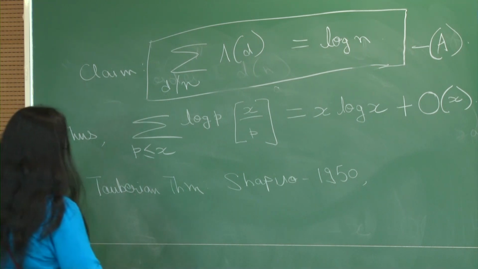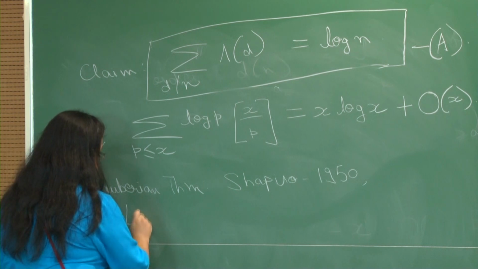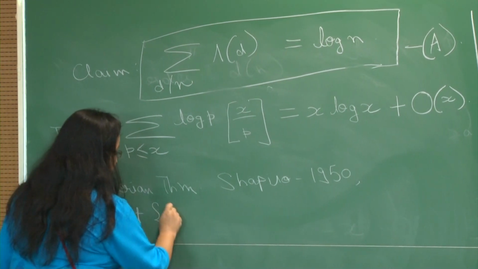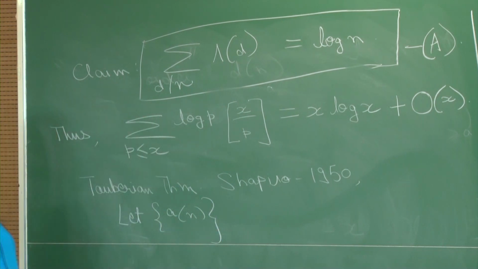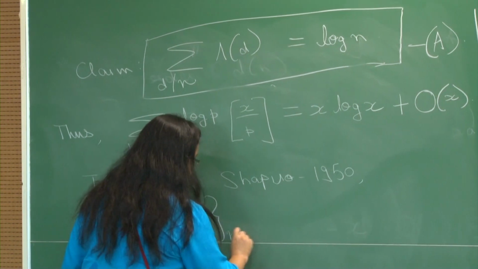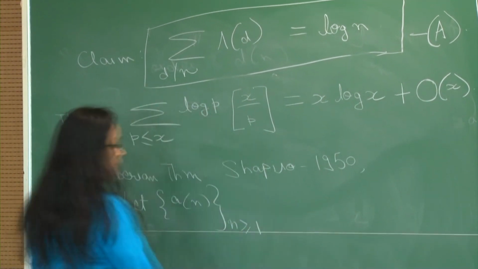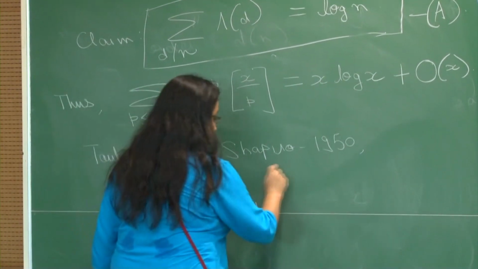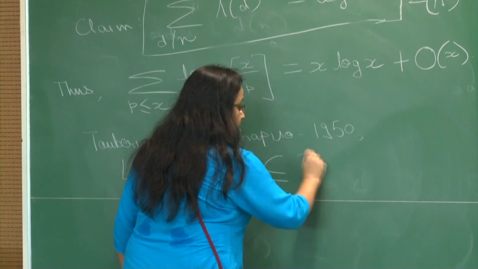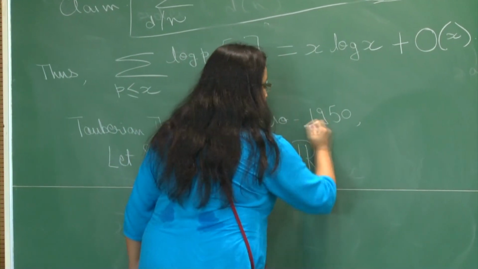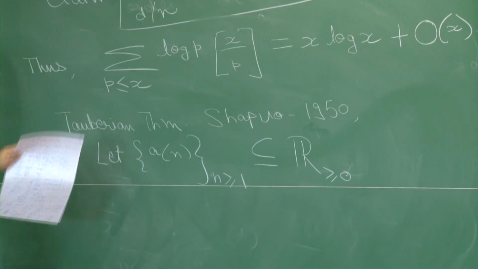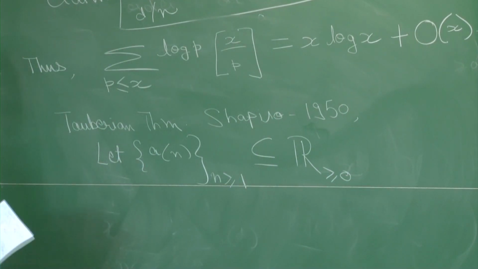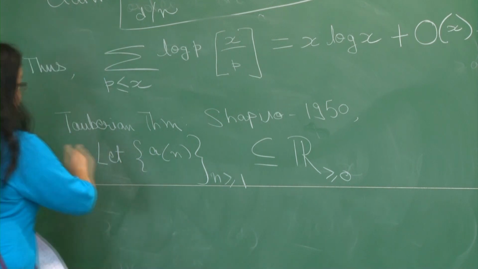Suppose we have a sequence of non-negative real numbers, contained in R, but non-negative.